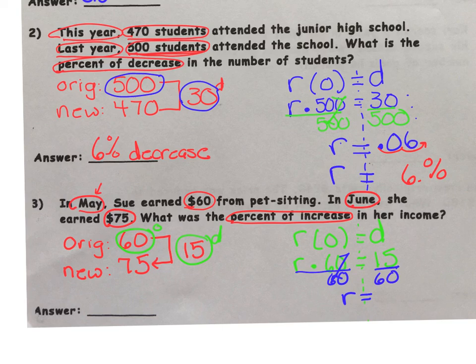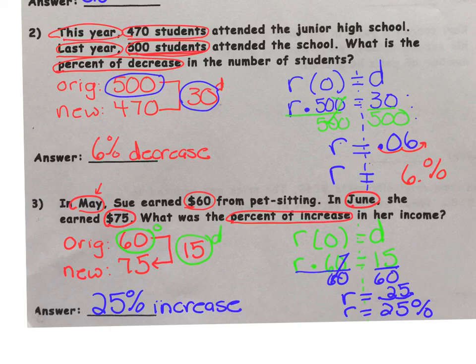You should have gotten 0.25. Now let's multiply by 100 and convert it to a percentage. That is the rate or the percent of increase. Let's move on to page 2.